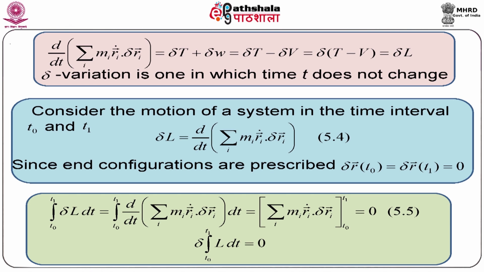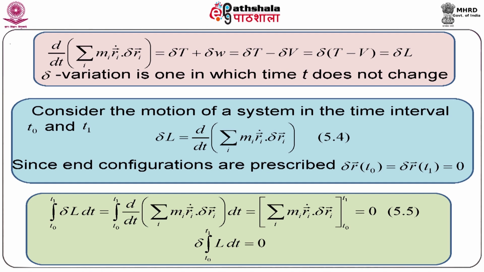If we now allow the virtual change delta r vector at every instant of time, a neighboring trajectory will be described in the configuration space, and the change in the Lagrangian L corresponding to the change delta r vector is given by delta L equal to d/dt of summation over i m_i r_i dot delta r_i.